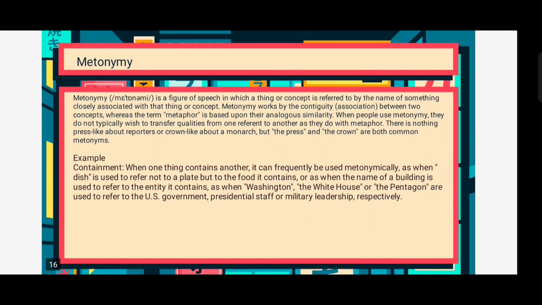And then about the next, metonymy. Metonymy is a figure of speech in which a thing or concept is referred to by the name of something closely associated with that thing or concept. Metonymy works by the contiguity between two concepts, whereas the term metaphor is based upon their analogous similarity.